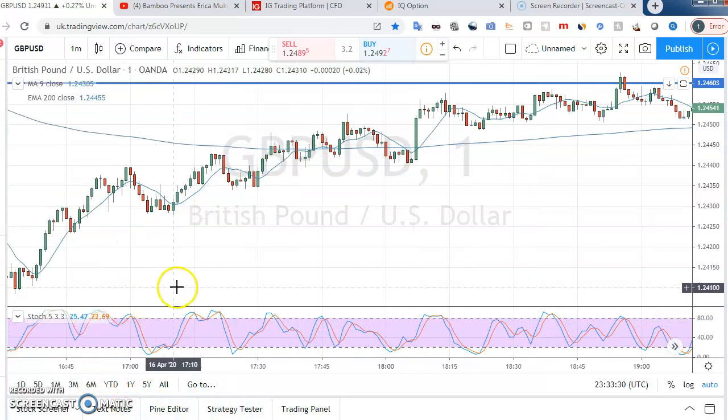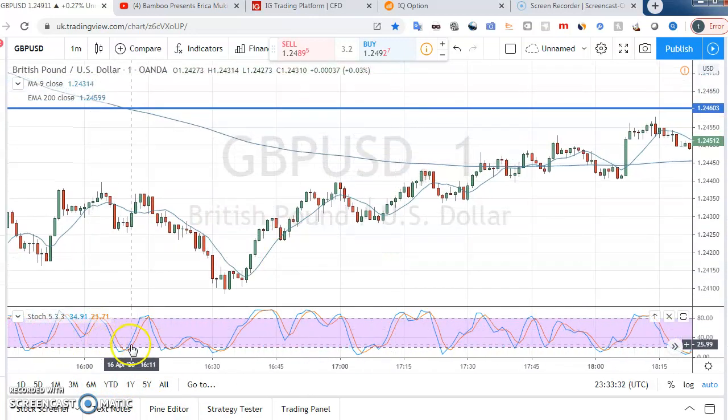So using tradingview.com and the GBPUSD chart, after you've set your stochastic to 5-3-3, you look exactly at this guy here. By the time it is going back in, you look at the corresponding price.